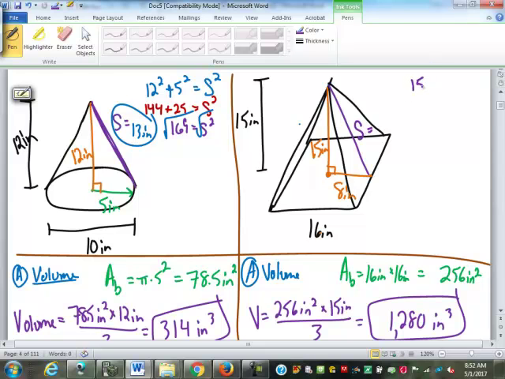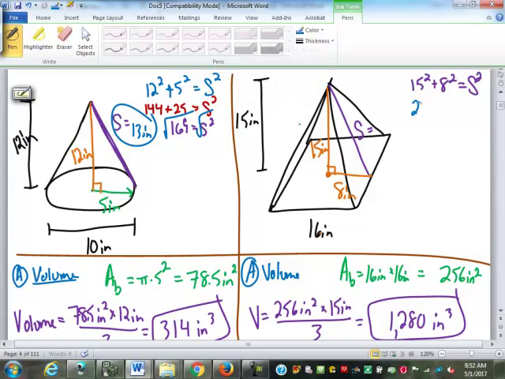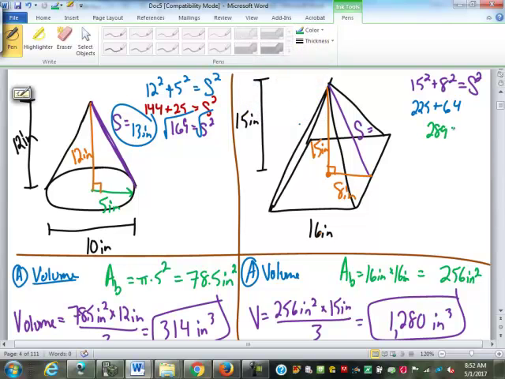So that's going to be 15 squared plus 8 squared equals that slant squared. So 225 plus 64, which is 289, equals that slant squared. So we square root that, the slant is 17 inches.